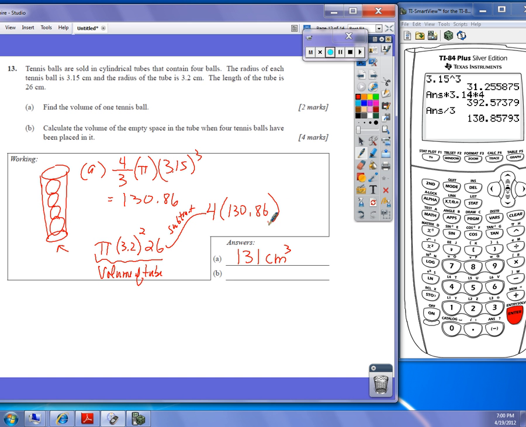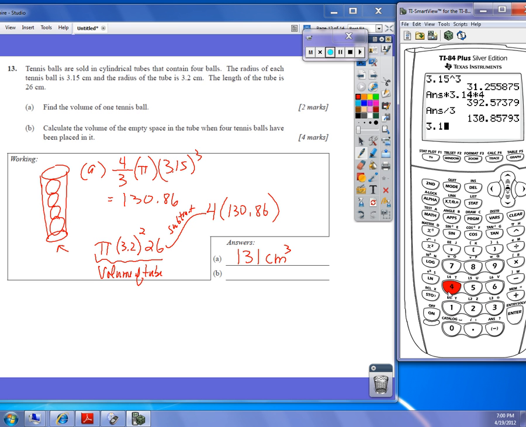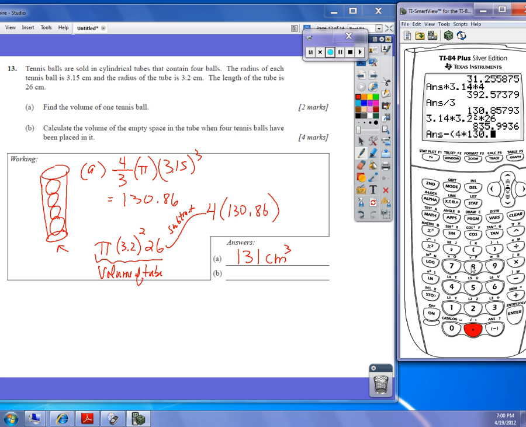In my calculator, I'm going to type 3.14 times 3.2 squared times 26. And from that, I'm going to subtract, and now I'm going to put in some parentheses, 4 times 130.86.